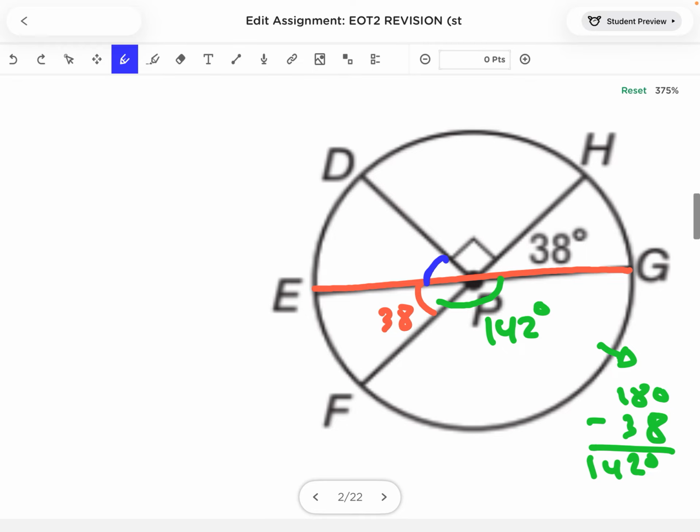This angle, I have a straight line again here as well, so it will be 180 again, minus 90 minus 38. 180 minus 90 minus 38, and it will be 52 degrees.